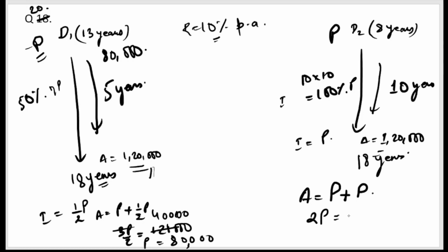Okay, amount is given as 1,20,000, so principal is half of this, so this 2 will come over here, so this will be by 2, which is 60,000. So 60,000 is the money which Rotin Babu has deposited for daughter aged 8 years.